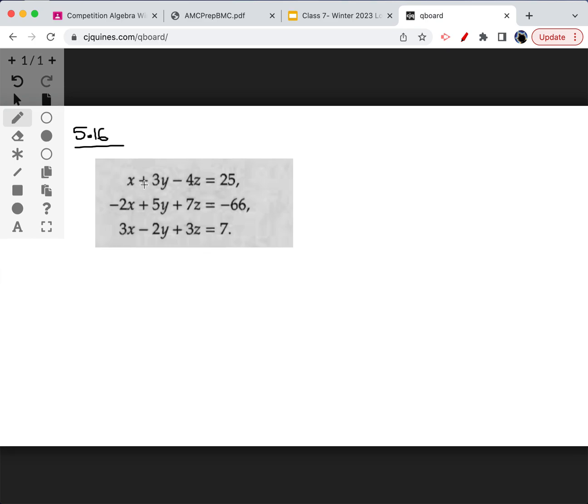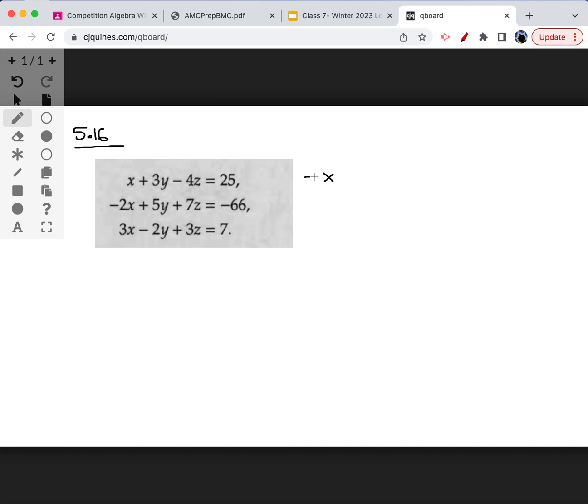So the first thing we do is we choose one of the variables to isolate and we represent it in terms of the other two variables. So it seems like it's easiest to isolate x out of these two equations since you don't have to divide by any coefficient. So let's do that.